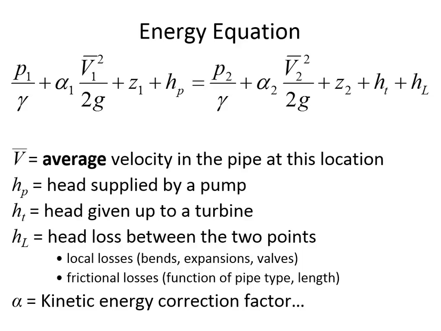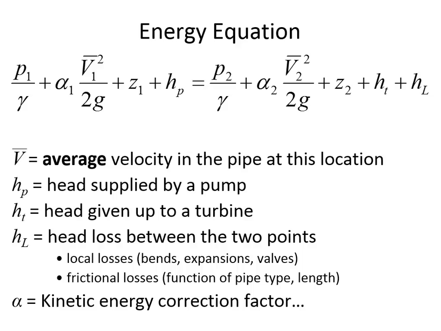We'll be looking at different types of valves, like a gate valve versus a globe valve versus a butterfly valve, and try and see how differences in valve types lead to maybe more energy being lost versus less. And expansions, like when a pipe goes from a small pipe towards a large pipe. How is there energy loss in an expansion or a contraction? So those are called local losses.